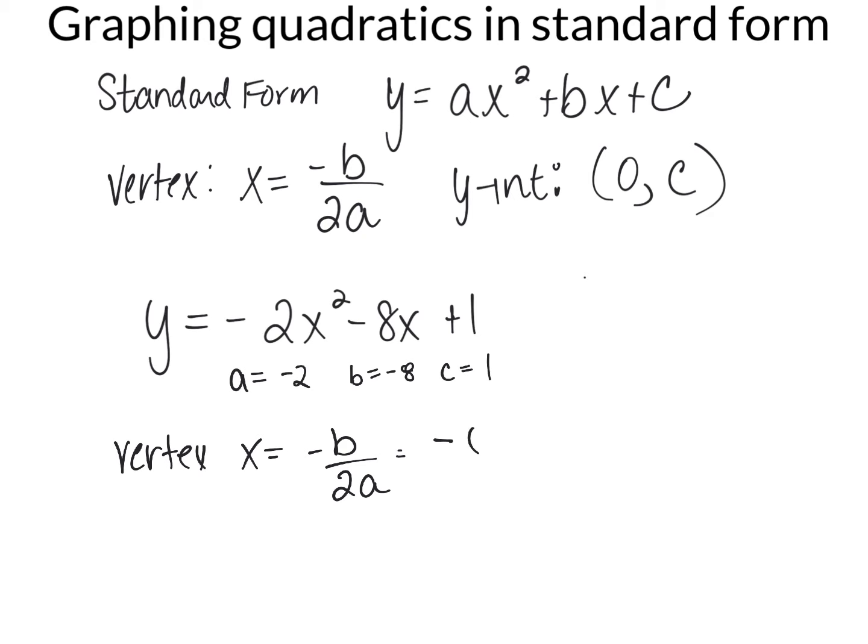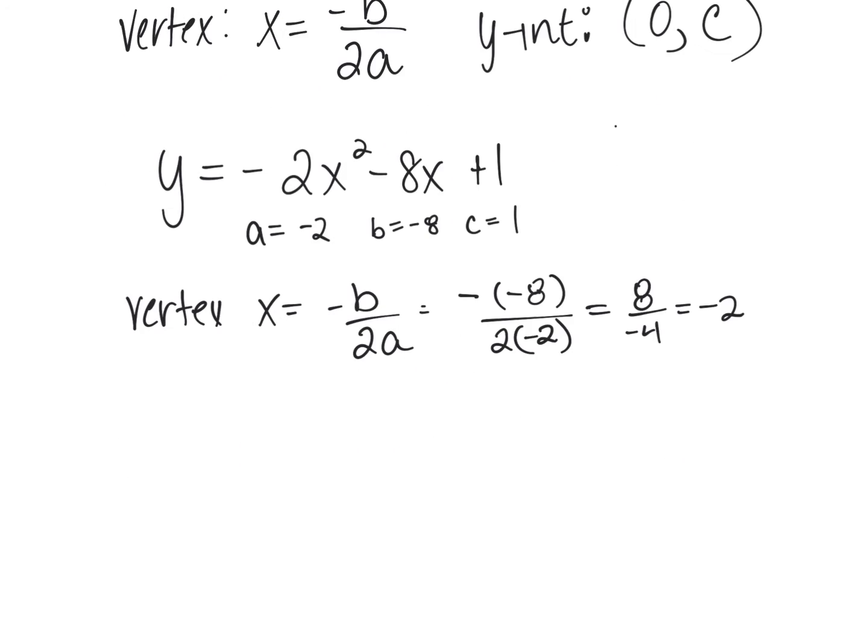I have negative 8 divided by 2 times negative 2, which is positive 8 divided by negative 4, which equals negative 2. So the x value of my vertex is negative 2. In order to find the y value of my vertex, I will have to plug it back in.